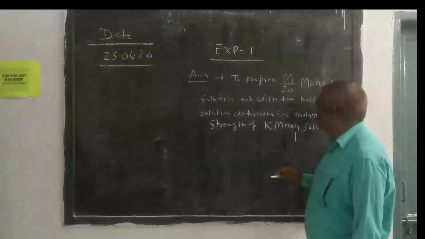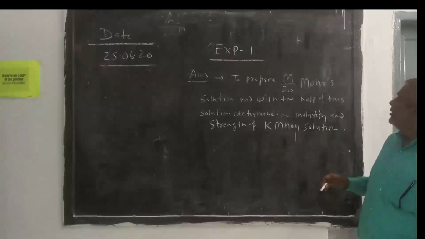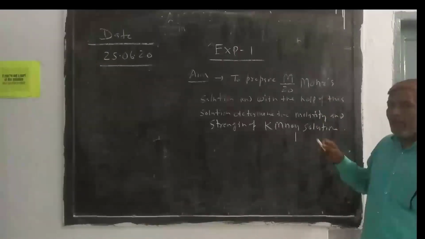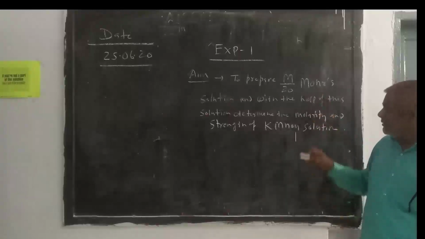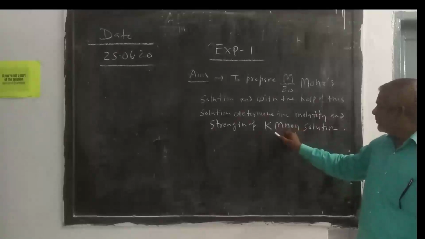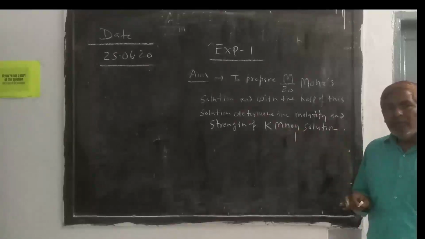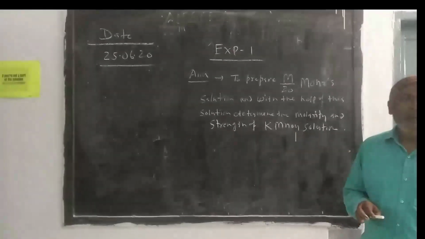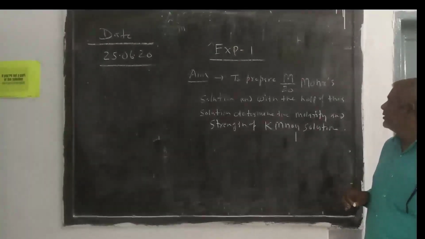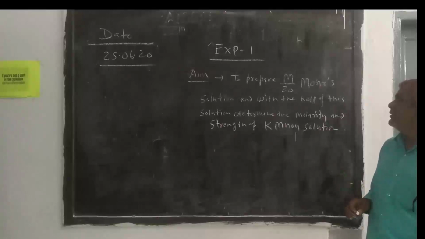So out of two solutions, the strength of Mohr's salt solution is given, and with the help of this, in this experiment we find out the strength of KMnO4 solution. So first of all, my work is to find how much amount of Mohr's salt is used in M/20.